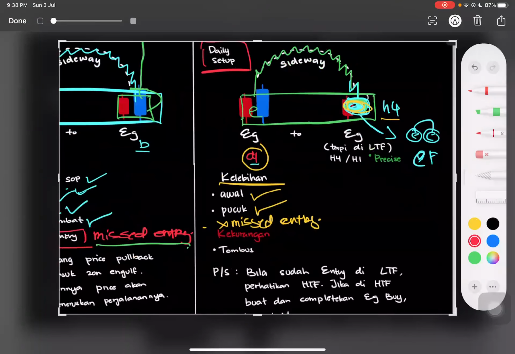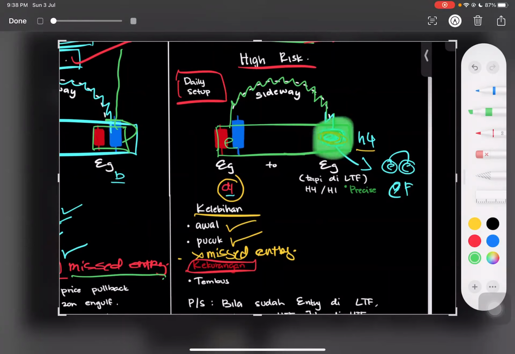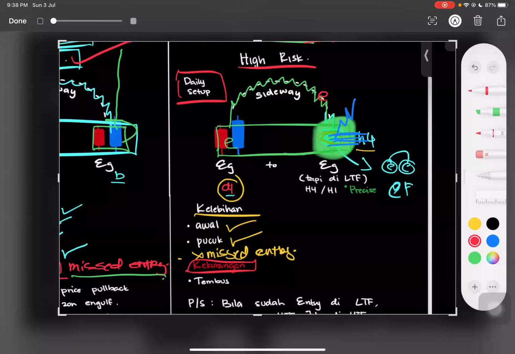How about the cons? The con is that after you enter your position, price goes up, and maybe suddenly price starts an opposite engulf, a roadblock, an engulfing sell. After price goes up and you're in profit, suddenly price starts to reverse.